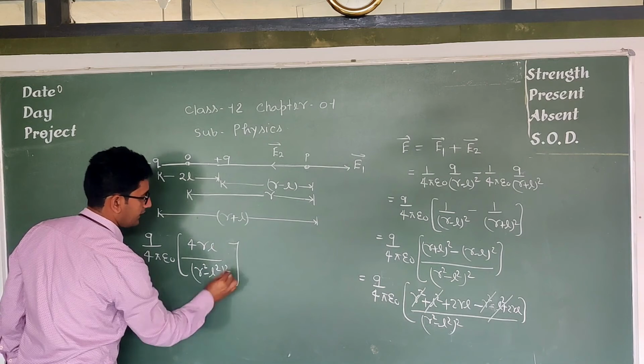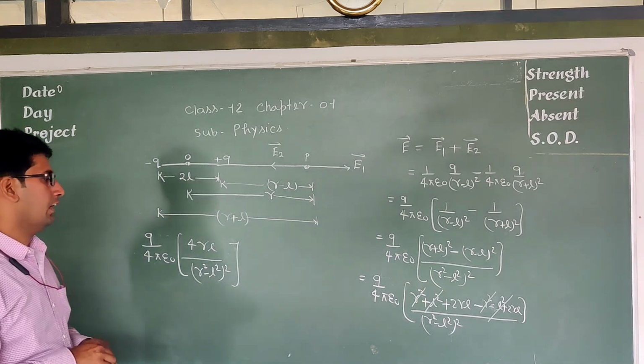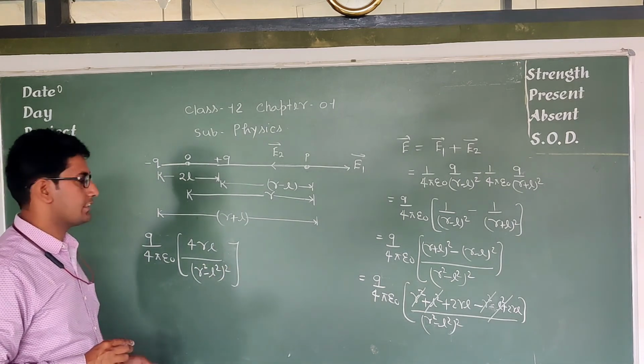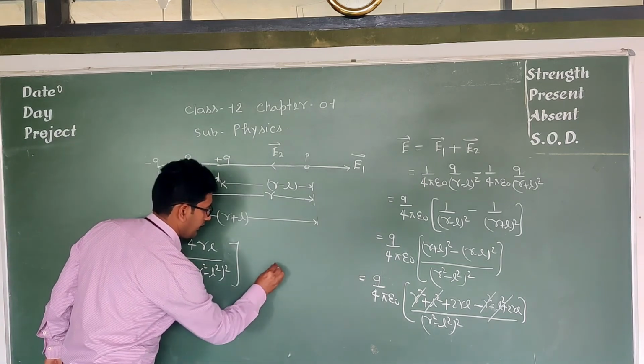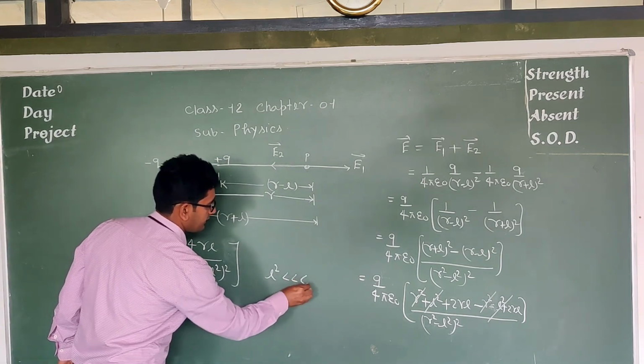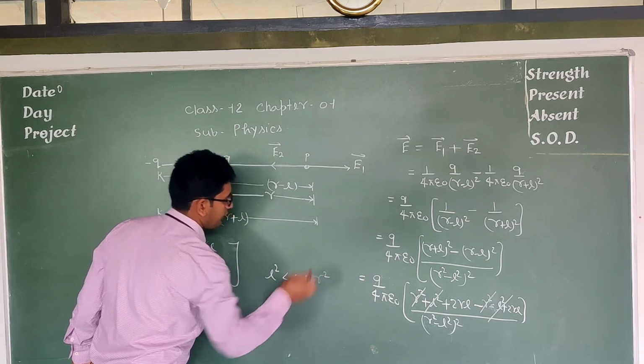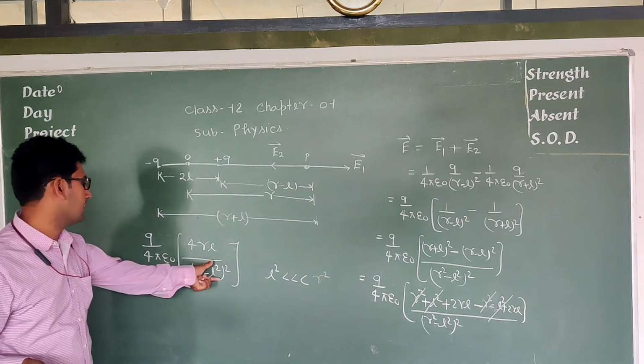We consider in this expression that L square is very much less than R square, so we can leave this term.